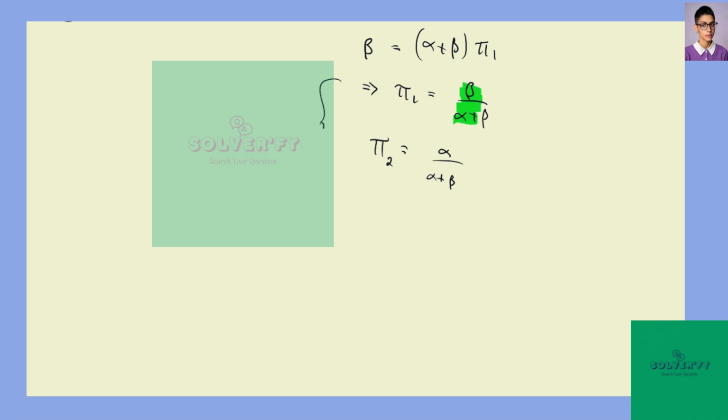So these give us our steady state distribution for states 0 and 1 in terms of alpha and beta.